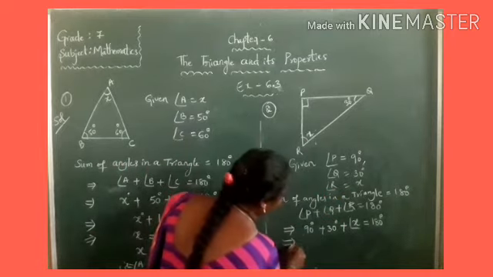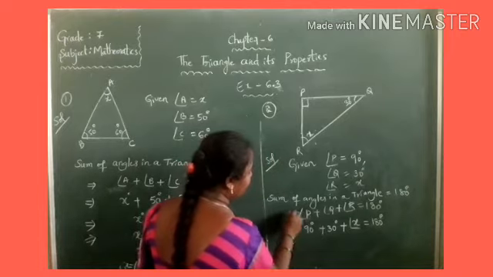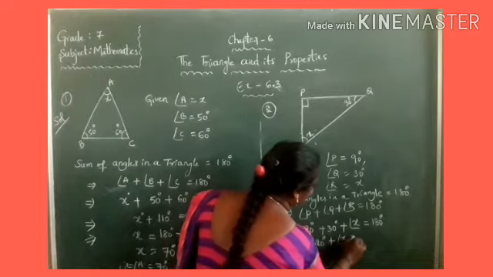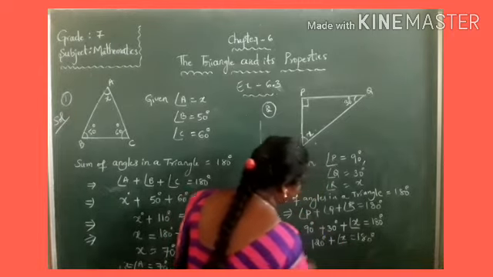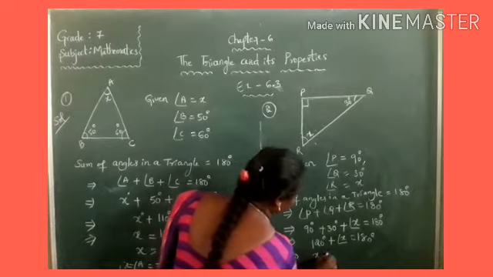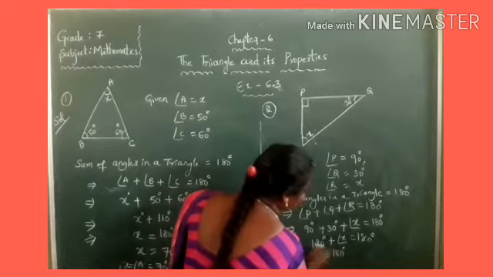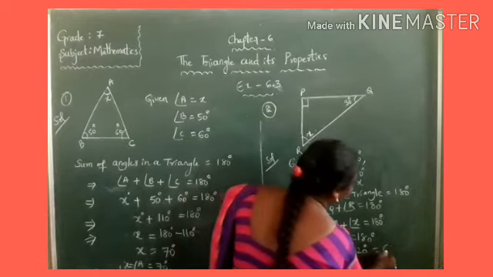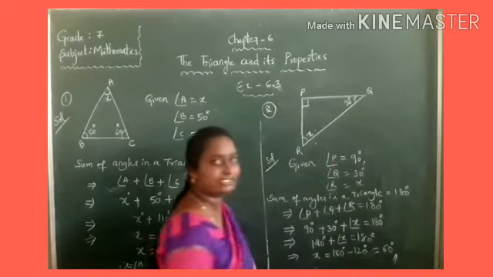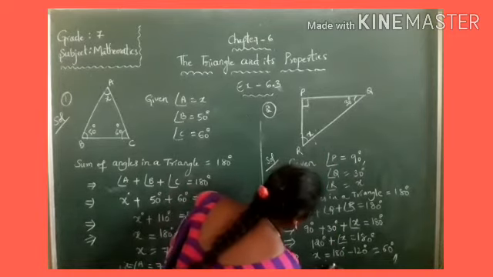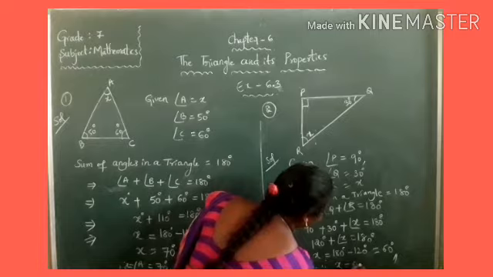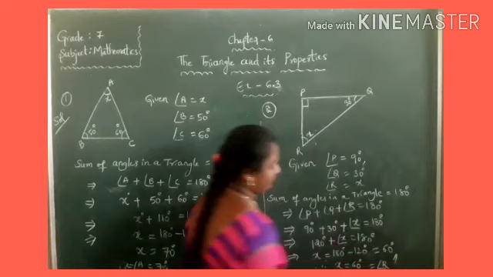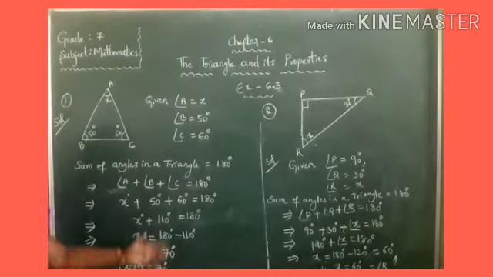The sum of these two, 90 degrees plus 30 degrees, how much? Yes, 120 degrees plus angle x is equal to 180 degrees. Transpose: 180 degrees minus 120 degrees is equal to 60 degrees. So what is the x value here? 60 degrees, which is nothing but angle R. Okay children, copy it.